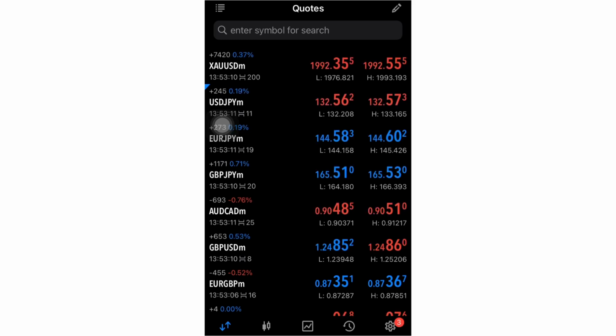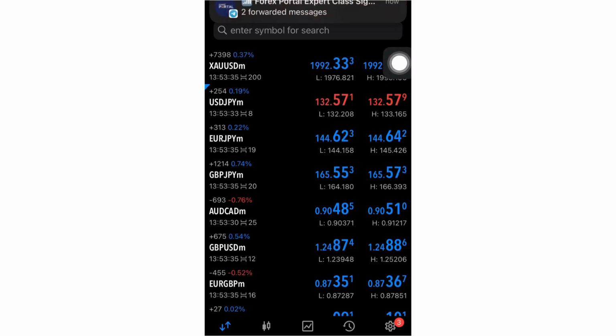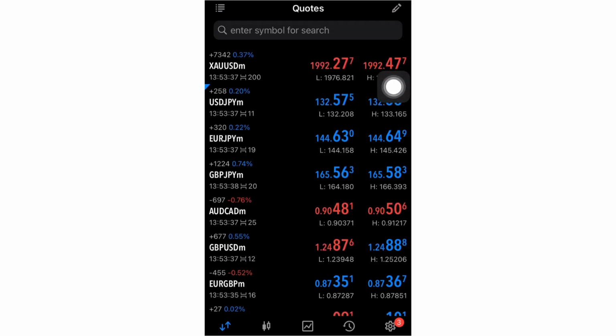Now that you know this, the second thing I want you to know is the bid price and ask price. On this side you can see some prices rolling on my screen. The lower price is the bid price, take note of it, while the higher price is the ask price.